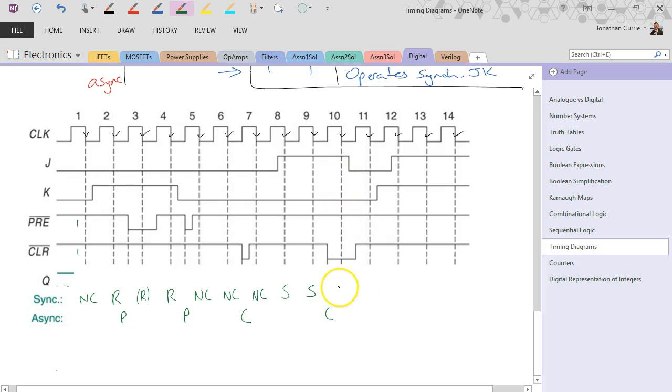We would have another set, but clear is still active, and we've got a no change, and then we have toggle, toggle, toggle.